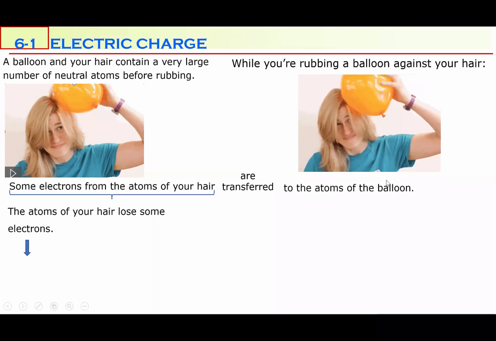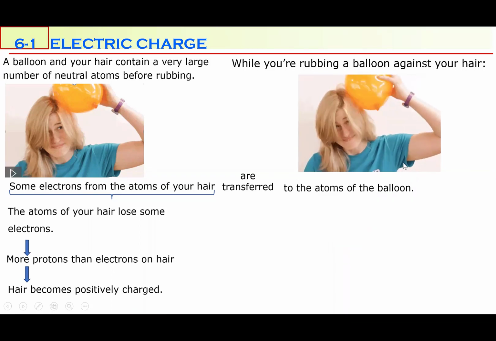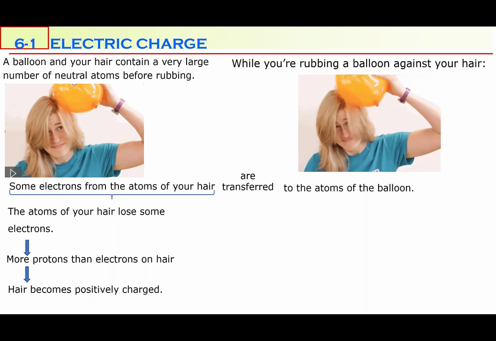Positive becomes greater. The number of protons becomes greater than the number of electrons. So more protons appear on your hair than electrons. If there are more protons, what does it mean? It's a positively charged object. Then your hair becomes positively charged. Where do these lost electrons go?